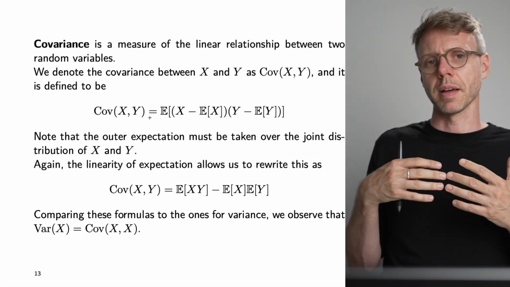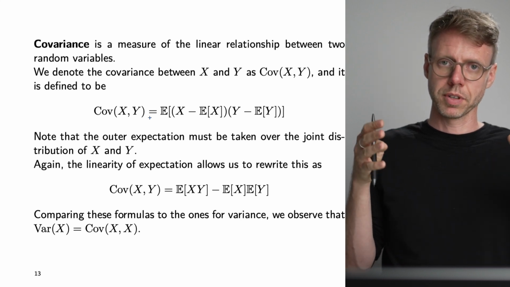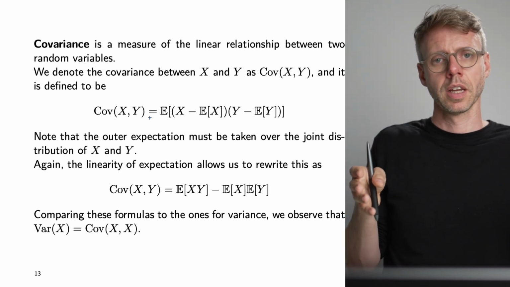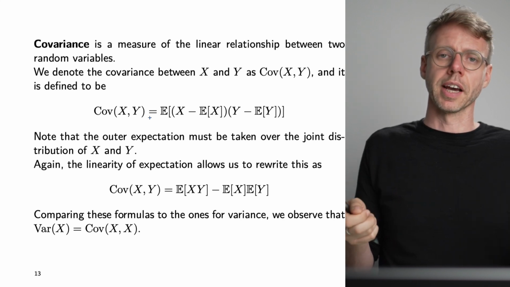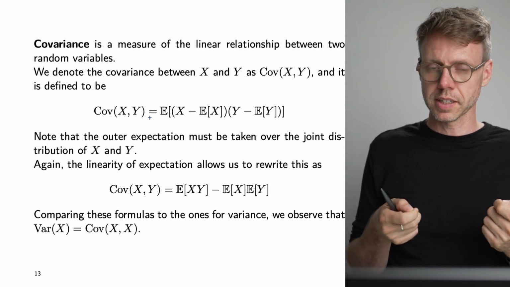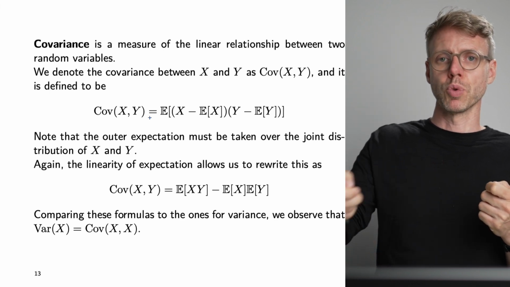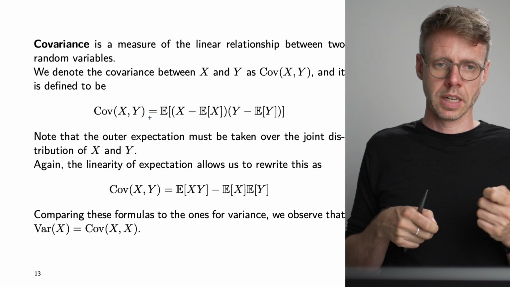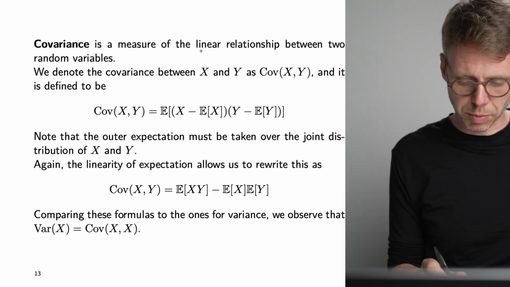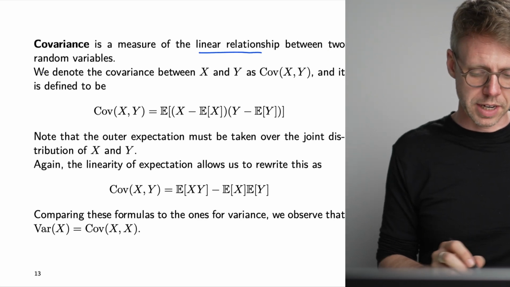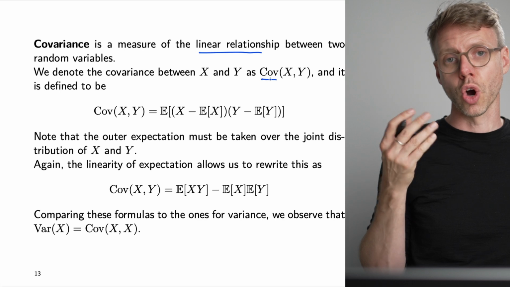The variance tells us something about the spread of a variable around its mean. If we have multiple variables, then their so-called covariance tells us about how they move together. The covariance is a measure of the linear relationship between two random variables. It's typically denoted by cov.